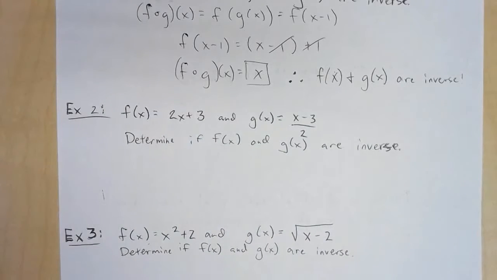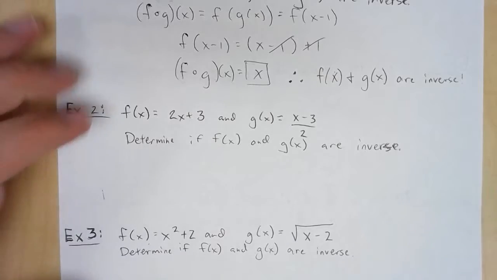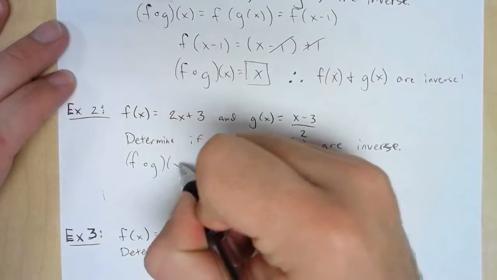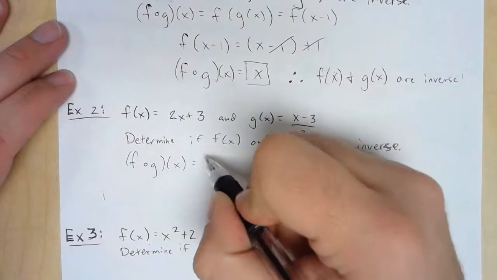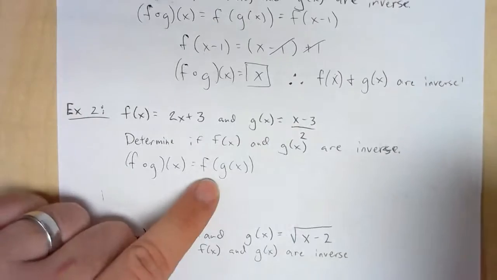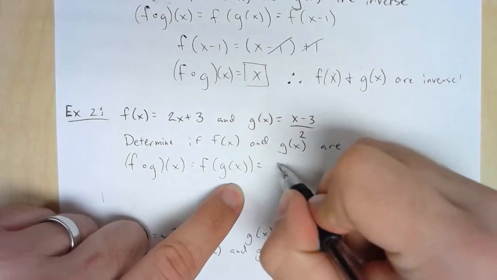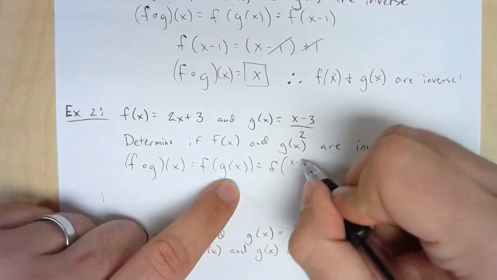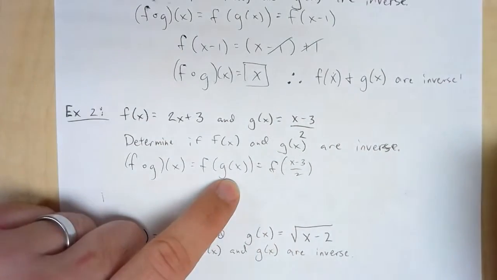Okay, example 2. f of x equals 2x plus 3 and g of x equals x minus 3 over 2. We're doing the same thing. We're determining if they're inverse or not. So I'm going to find f of g of x, write it in a form which I'm comfortable with, which says I'm plugging in f of x minus 3 all over 2.